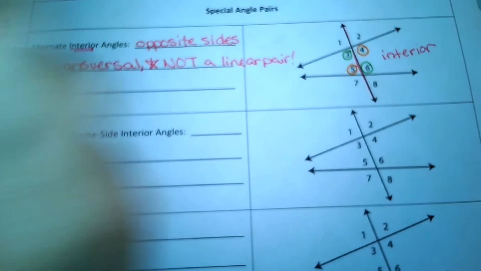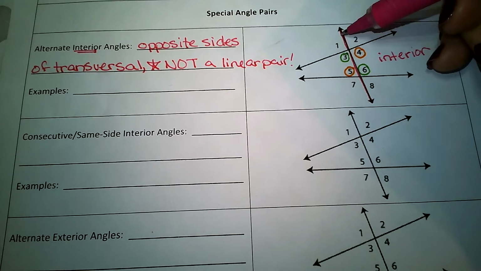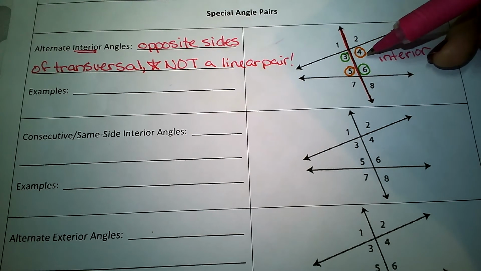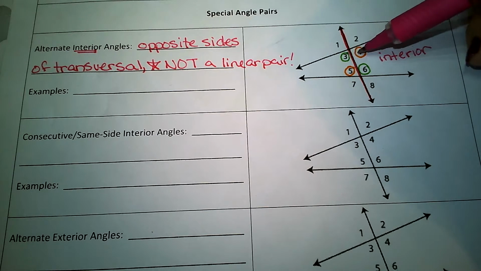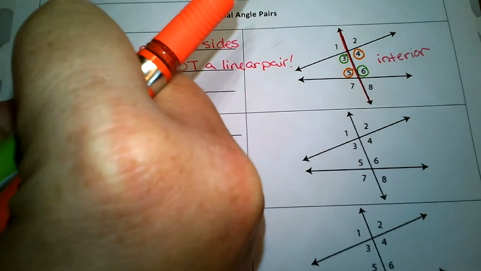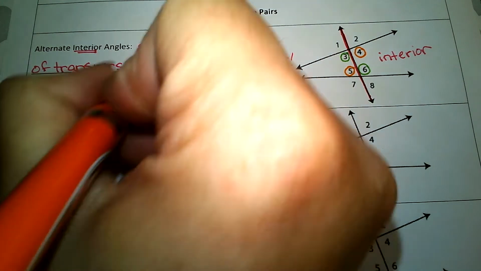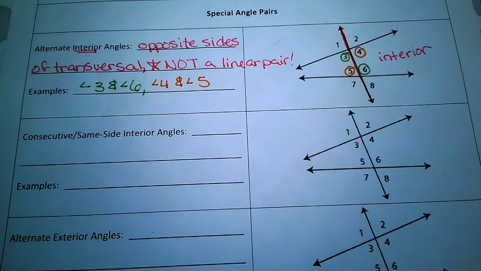Be real careful there. 3 and 4 are the linear pair, but 3 and 6 are the alternate interior angles. So angle 3 and angle 6 are a set, and so are angle 4 and angle 5. Alternate interiors.